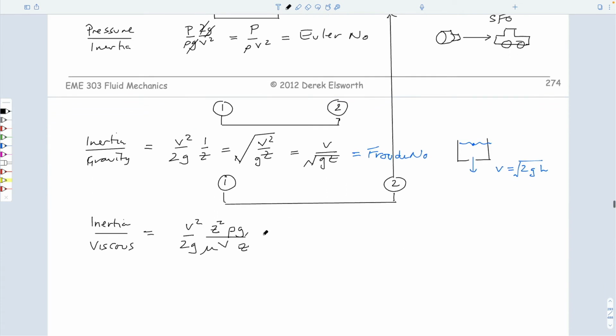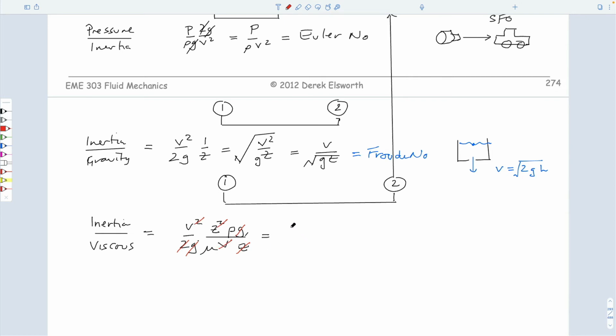And if we do a reduction on that, I know what I'm looking for, what goes out of it. We lose gravity. We lose a factor of 2. We lose a z and a z squared. We lose a v and a v squared.